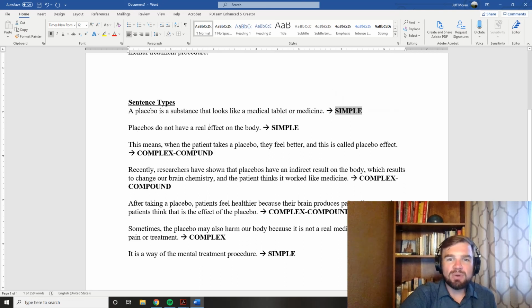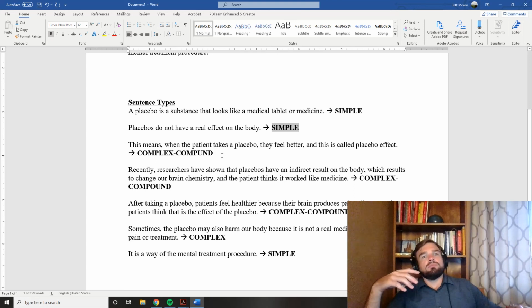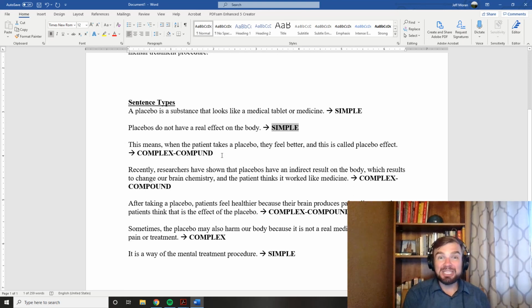Placebos do not have a real effect on the body. Simple sentence. This means when the patient takes a placebo, they feel better, and this is called the placebo effect. That is a complex compound sentence, right? So I'm repeating myself, saying the same thing many times, but I want to make sure the instructions are clear, right?